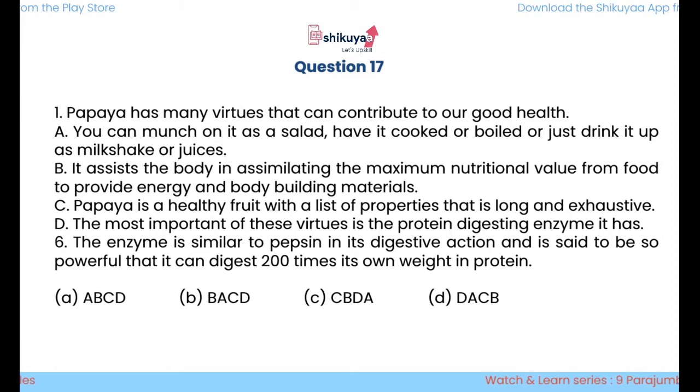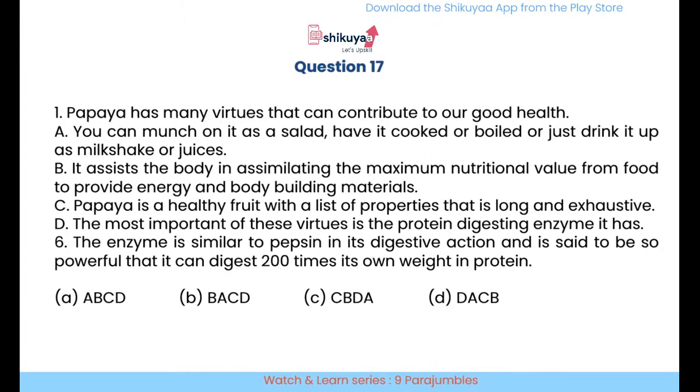Next, papaya is healthy. Look at the C sentence. Papaya is a healthy fruit with a list of properties that is long and exhaustive. Okay. D says the most important of these virtues. Okay, this can be a good hint. These virtues, we are talking about some virtues. Which are the virtues? That it is healthy, it has lots of properties that are long and exhaustive.